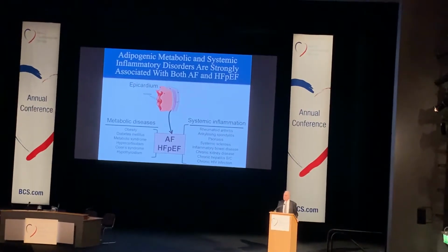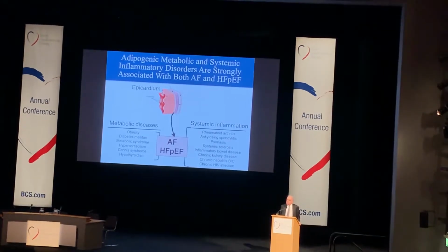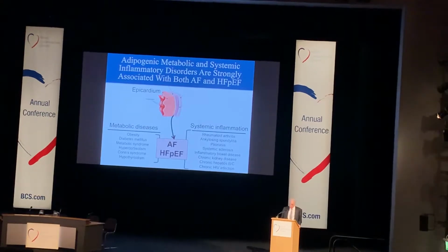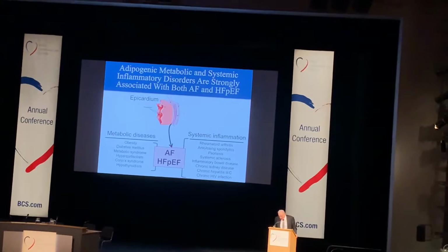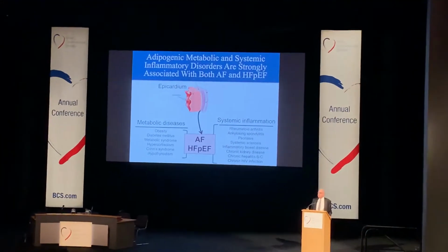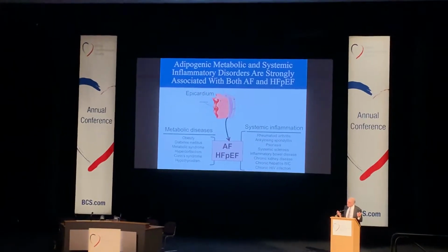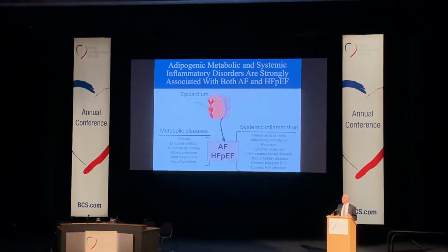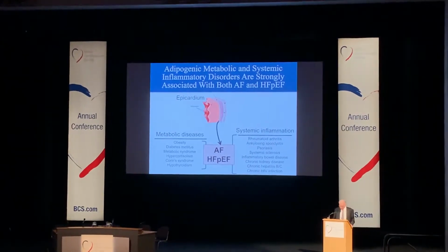Now, that's why if you look at the epidemiology of obesity, diabetes, metabolic syndrome, rheumatoid arthritis, inflammatory bowel disease, chronic kidney disease, there is a 3 to 5-fold increase in the incidence of atrial fibrillation and a similar marked increase in heart failure with a preserved ejection fraction.